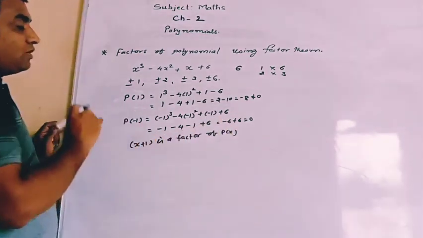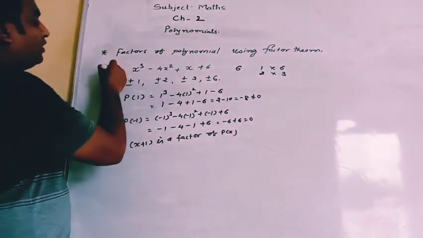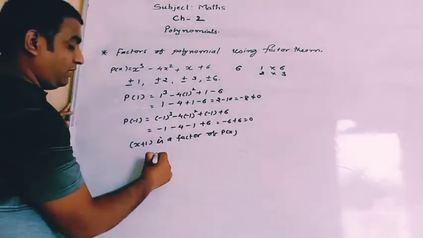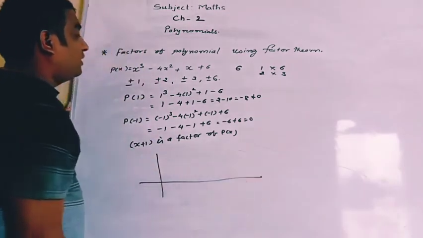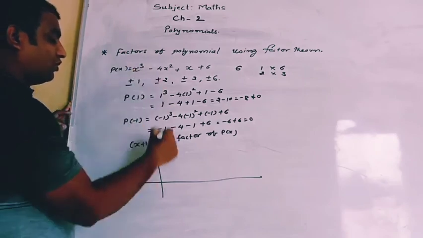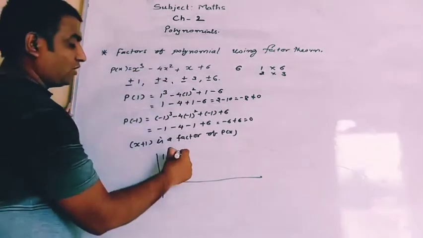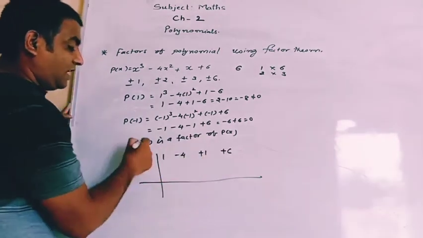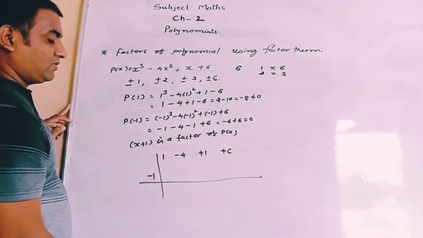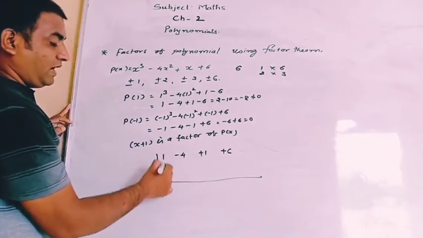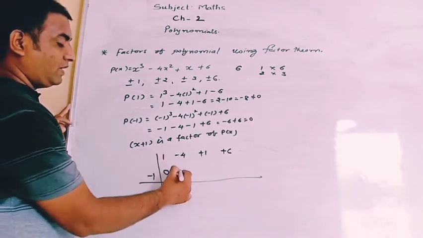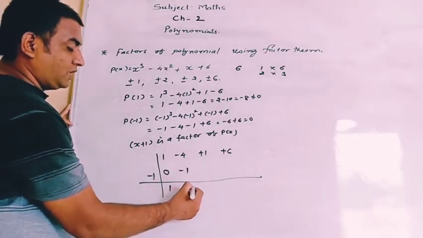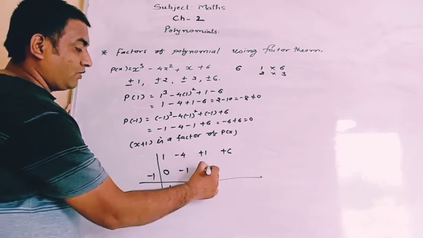So to find the other factors, we will divide the given polynomial of x by x plus 1. To divide the polynomial, first we write the coefficients: x cube coefficient 1, x square coefficient minus 4, x coefficient plus 1 and plus 6, and here x plus 1, so we take minus 1. Now 1 added with 0 is 1, 1 into minus 1 is minus 1, minus 4 and minus 1 is minus 5, into minus 1 is plus 5.